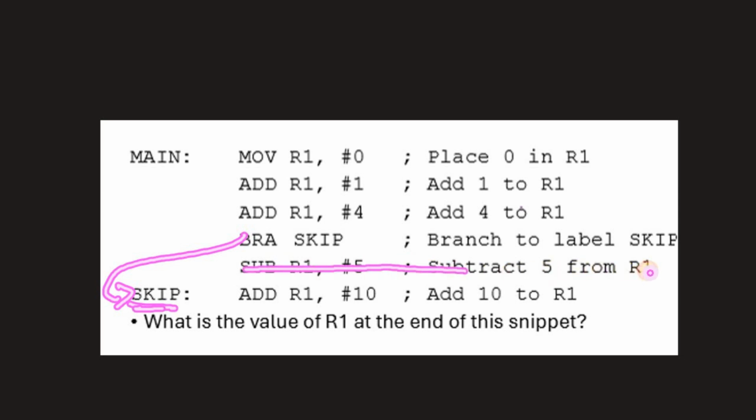Whatever is in the middle, we're not performing it, we're skipping it, sort of a jump. Then we're adding 10 to R1. We figured out it was 5, so now we've added 10 to it, so the value of R1 becomes 15.